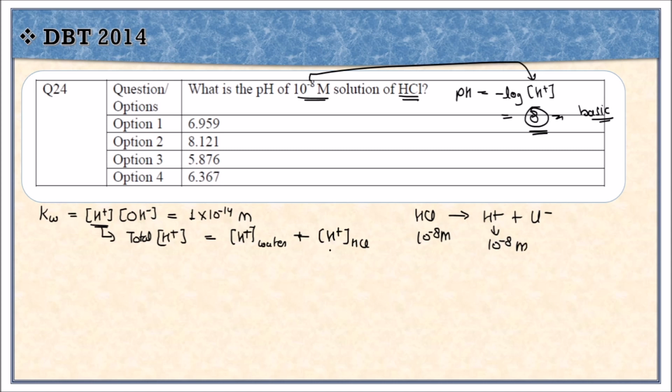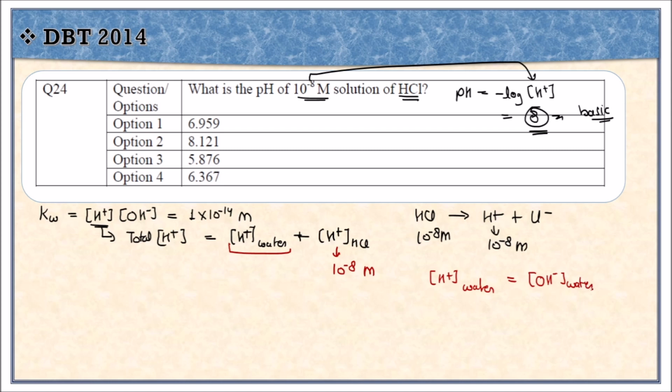So this value we know for sure that it is 10 to the power minus 8 molar. But now we have to find out the value of this H plus from water. And we also know that H plus of water is equal to OH negative of water.